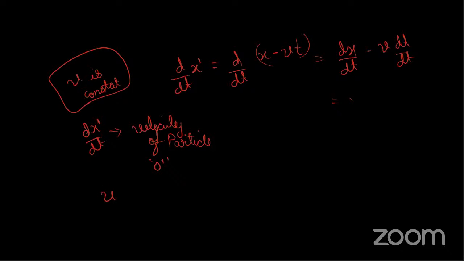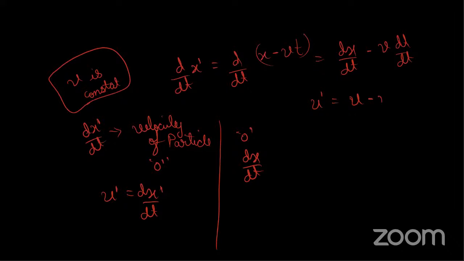Let us call u dash equal to dx dash by dt. Similarly, for an observer at reference frame O, the velocity of the particle is dx by dt, call it u. So u dash is equal to u minus v. So this is equation 1, right?